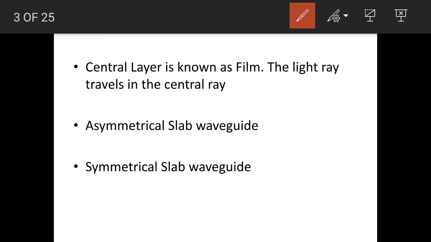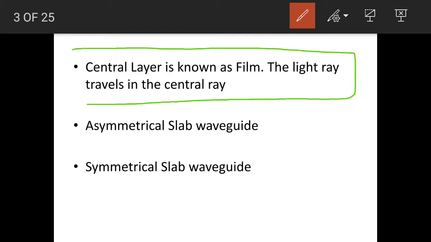The central layer is known as the film of the slab waveguide, and the light ray travels in the central layer.